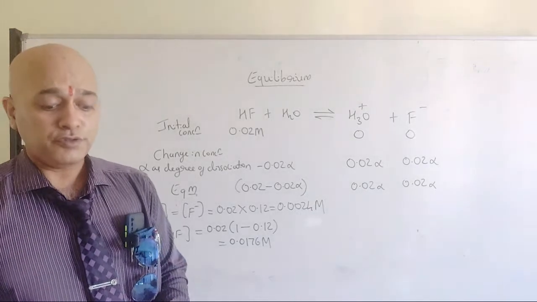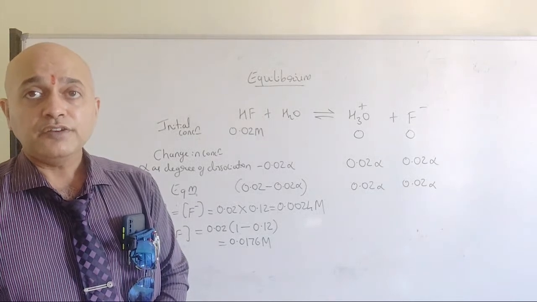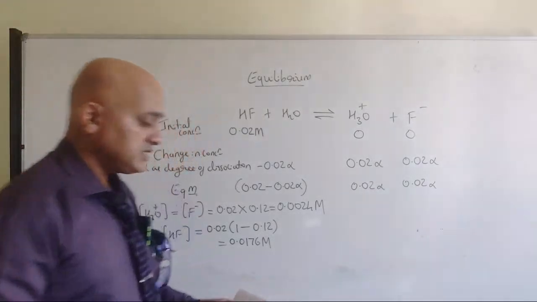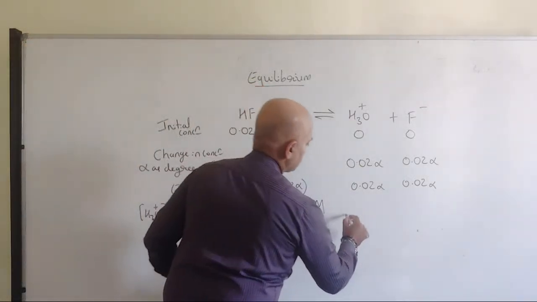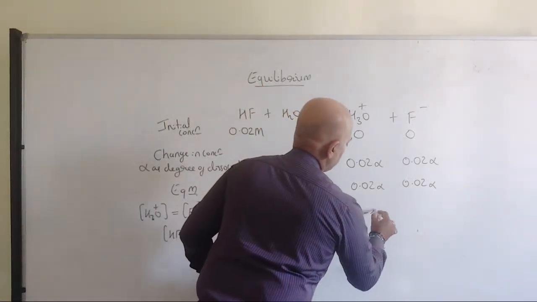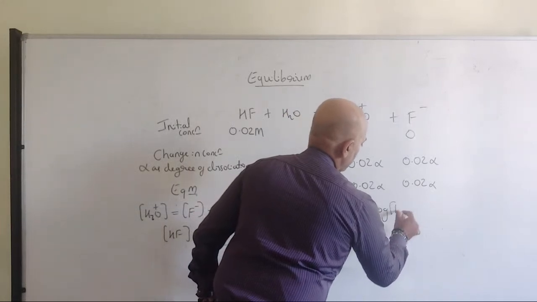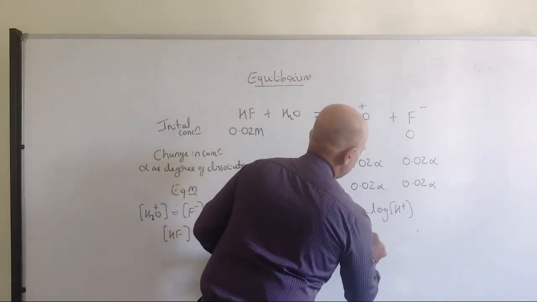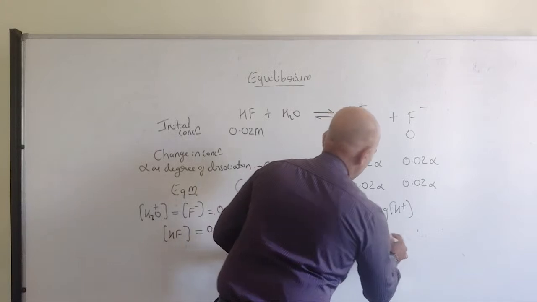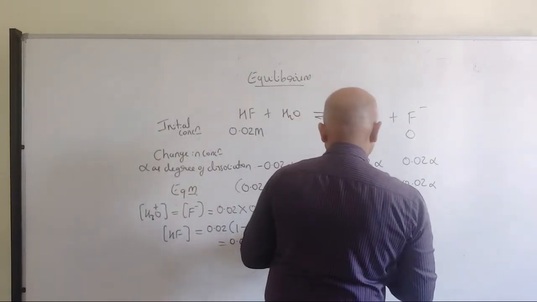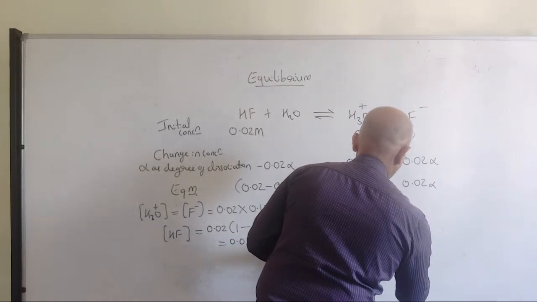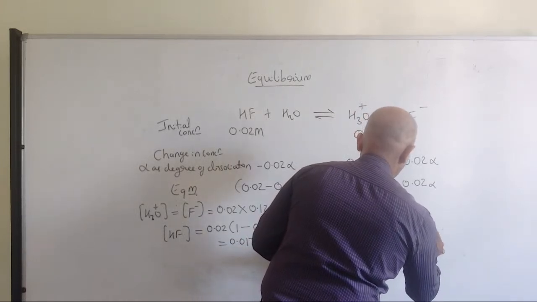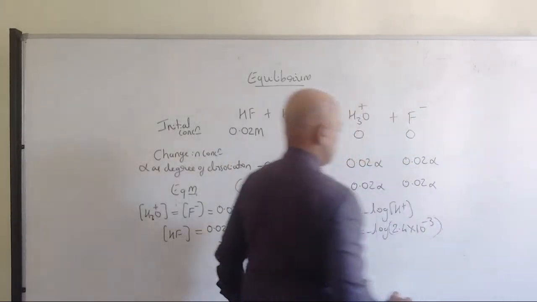Even we can find out the pH also. So what we have to do for the pH calculation? We have to take the value of 0.0024 because that is the H plus concentration. So therefore pH is equal to minus log of H plus concentration, that is nothing but minus log of 0.0024, I will write it as 2.4 into 10 to the power of minus 3.